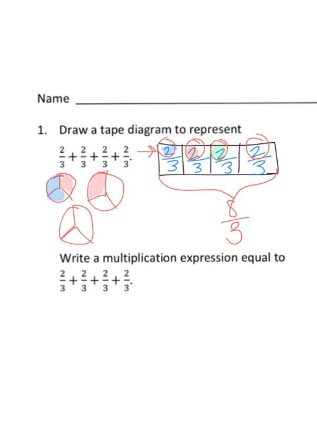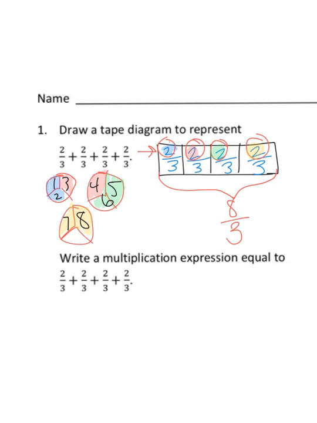I added 2 more again, 1, 2. And I added 2/3 one more time, 1, 2. So all together I have 1, 2, 3, 4, 5, 6, 7, 8 thirds. So that numerator changed, but I'm still looking at how many thirds I have. The denominator stays the same.